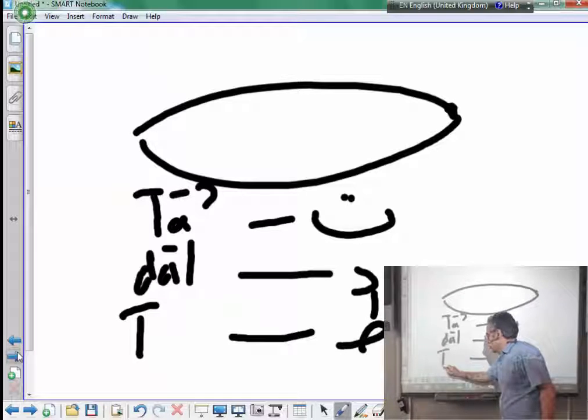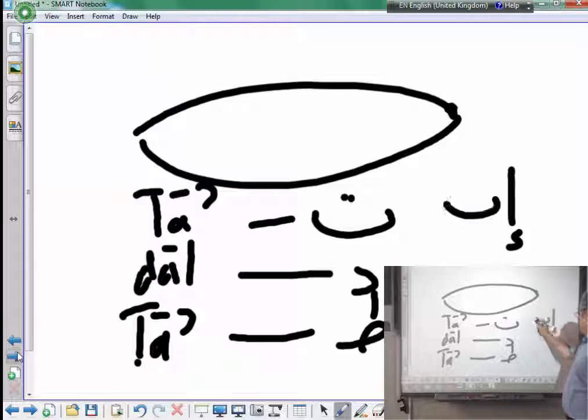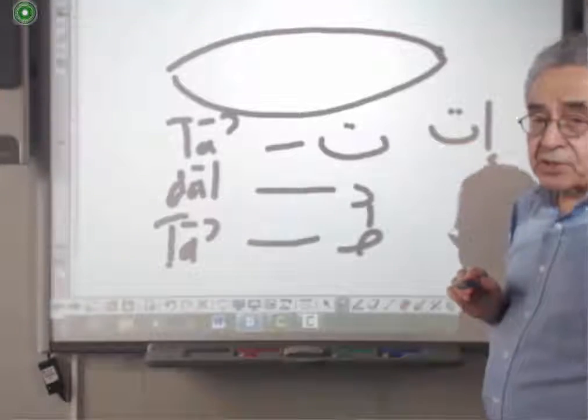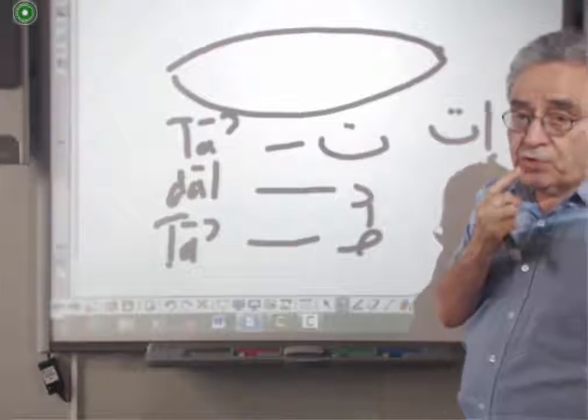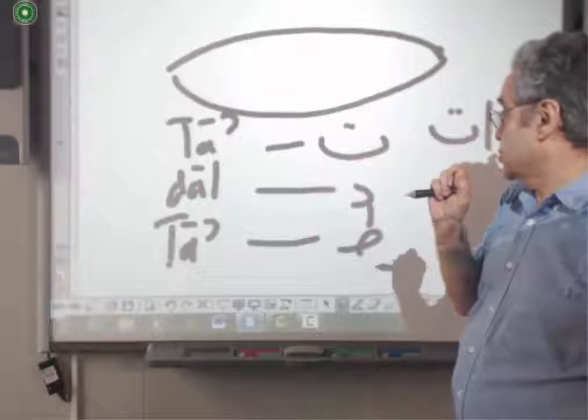As you see, you put a dot, it is ta. So ta, dal, ta. Let us see how we pronounce the ta. If you try to imagine, try to see where the tip of your tongue touches.